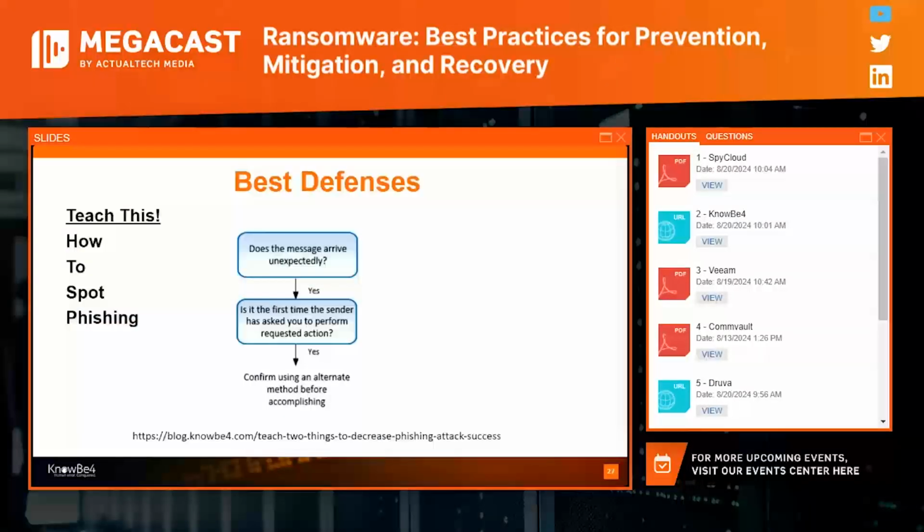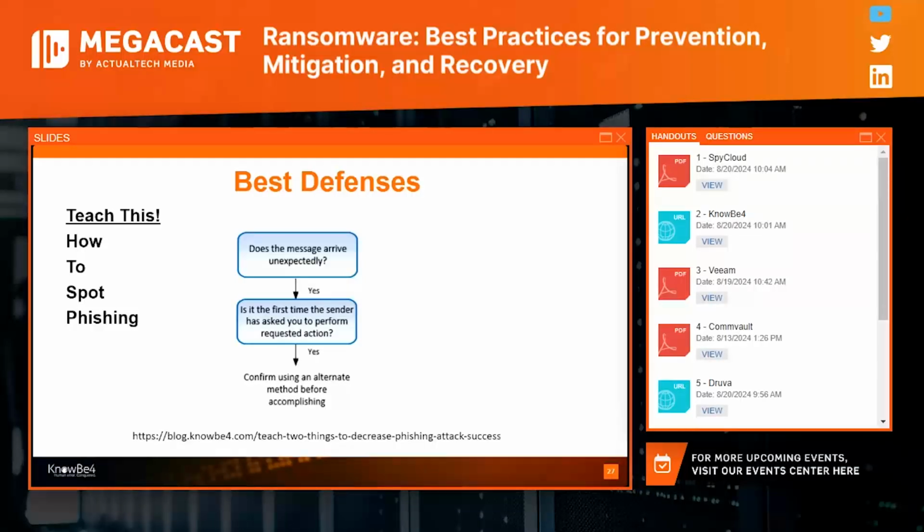It's good stuff. Also, I tell people, if there's any one thing that I could teach anyone, it's how to spot the most common signs of phishing, and that is a message that arrives unexpectedly, no matter how it arrives, whether it's email, social engineering, a phone call, in person, website, whatever. It's an unexpected message. You were not expecting it, and it's asking you to do something you've never done before.